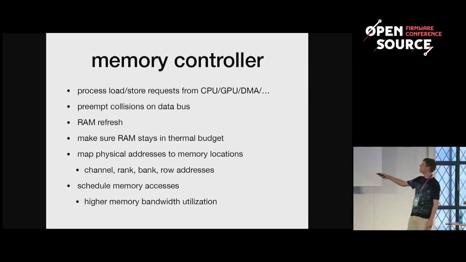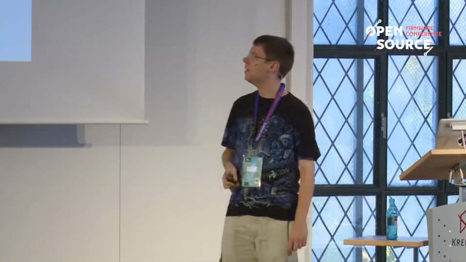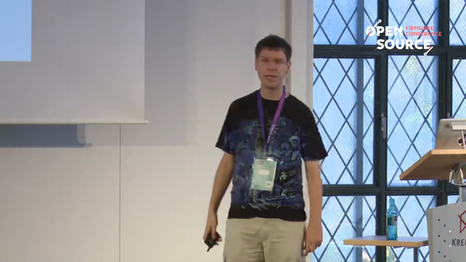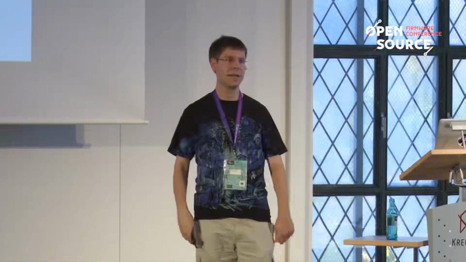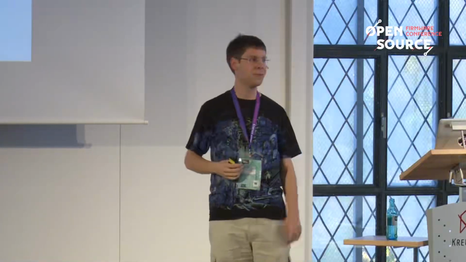And the other problem it has to solve is to map the physical addresses to memory locations. And basically for the memory locations we have different parameters. That's the channel, so if you have multiple channels on a processor, then the rank. One memory module can have one or multiple sets of memory chips on it.